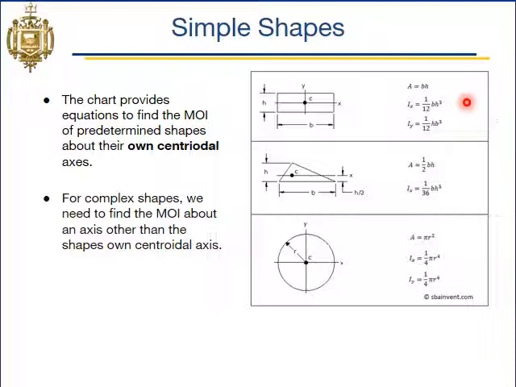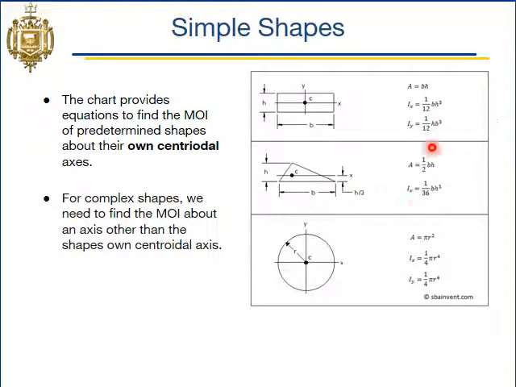And remember we said that moment of inertia is in length to the fourth. So we have length to the fourth in the numerator here, so we end up with length to the fourth as our moment of inertia value. The moment of inertia for a rectangle about its y-axis is hb cubed over 12. So you just flip the b and the h, which seems to make sense to me.